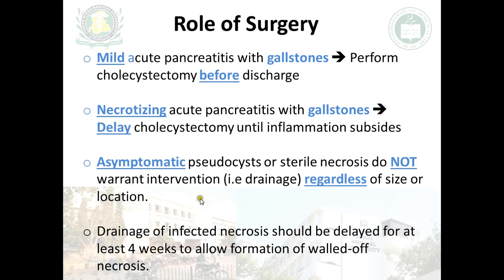If a pseudocyst has developed as a complication, if it is asymptomatic, then there is no need of drainage, but if it is symptomatic, surgical drainage of the cyst will be required. Drainage of infected necrosis should be delayed for at least 4 weeks to allow the formation of the wall of necrosis. So that drainage is basically required after 4 weeks, not before that.